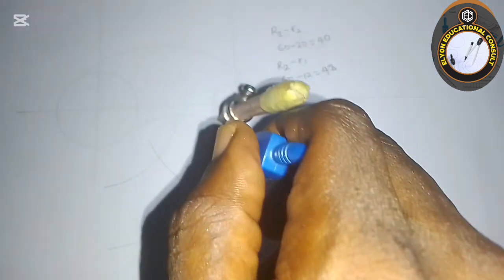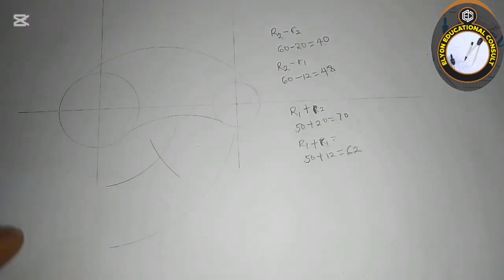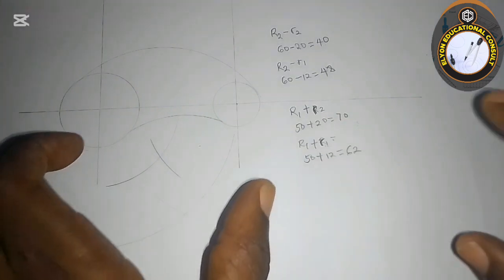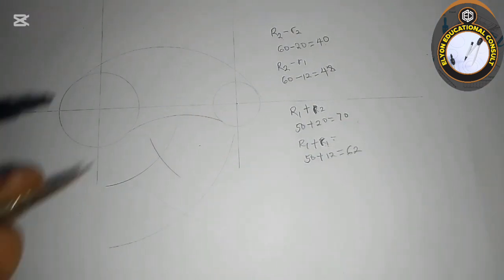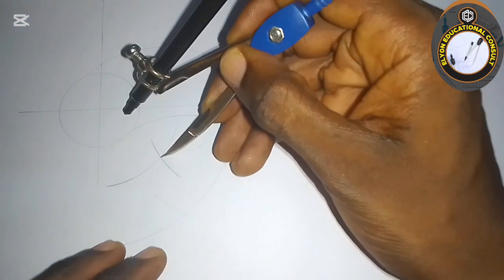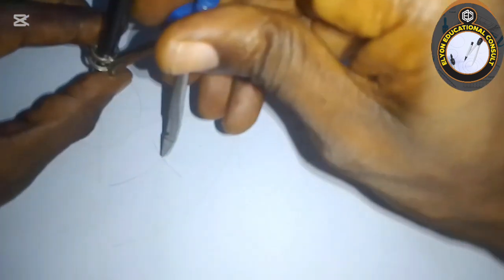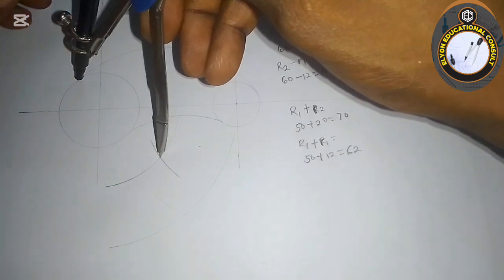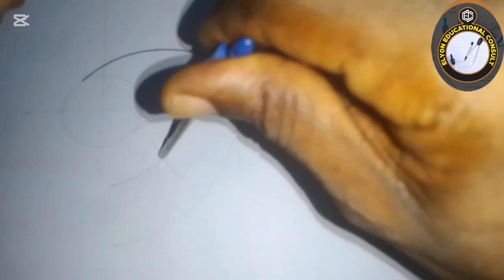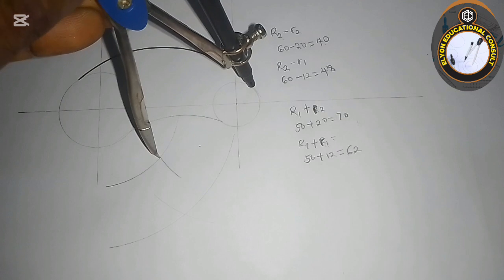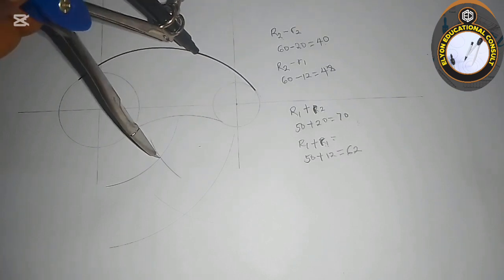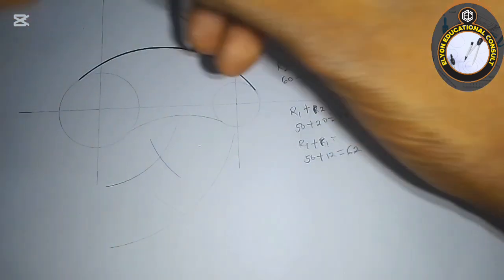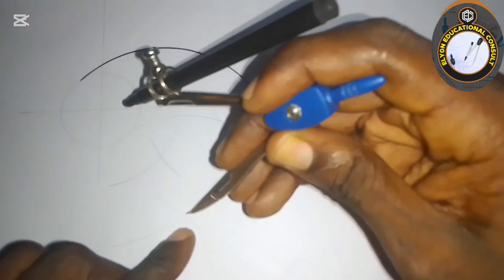Okay, so what I'm going to be doing now, I will highlight this now to give it the fine shape. So I'm going to place it here, from here now, draw this. I hope you can see that. Okay, then let's draw this inner arc from here now.